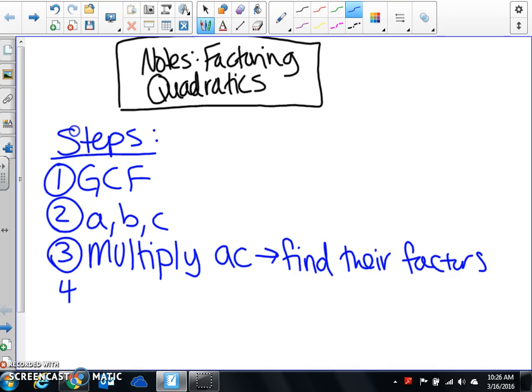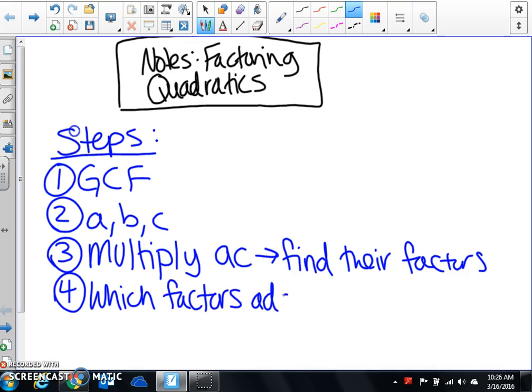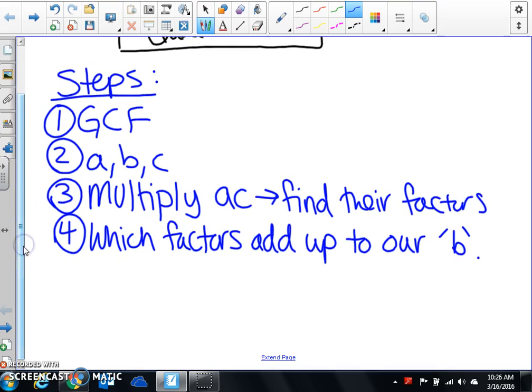Once we find their factors, we need to find which factors add up to our B. And then lastly, we are going to factor by grouping.